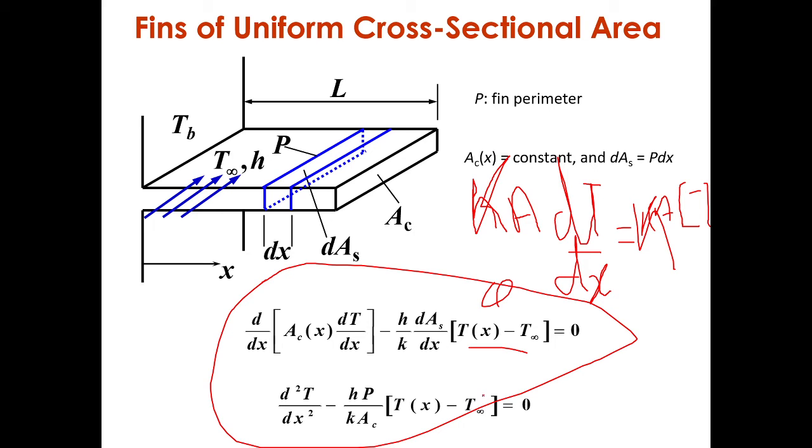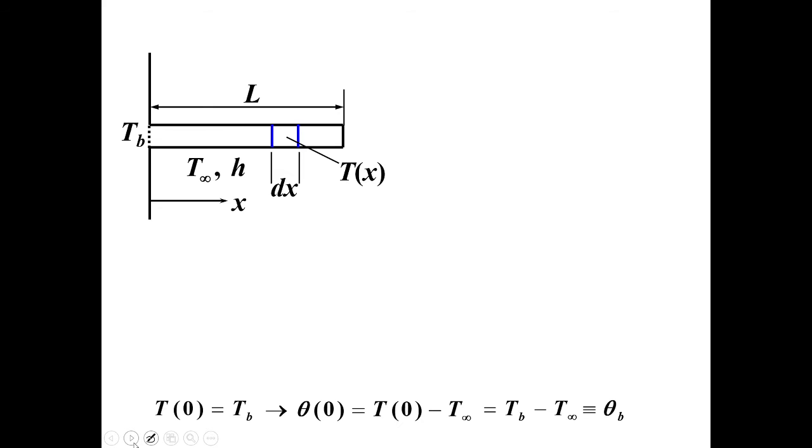When we simplify and rearrange, we get these equations. After simplification of this equation, we can easily get this equation. You can solve it yourself. It is very easy, not much difficult.